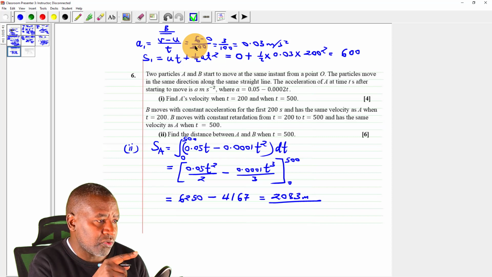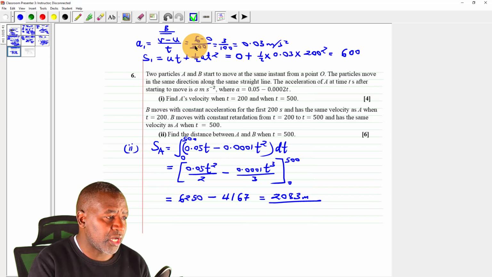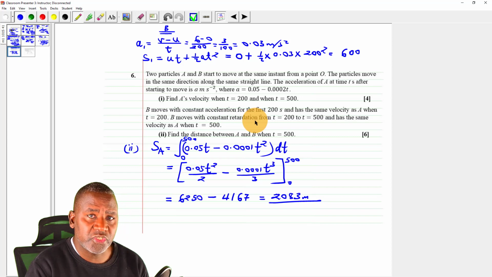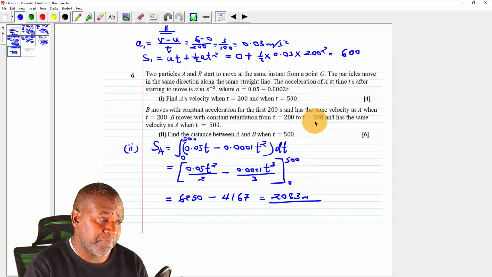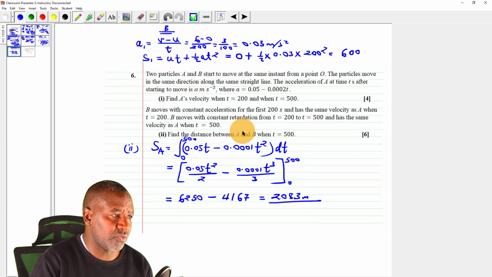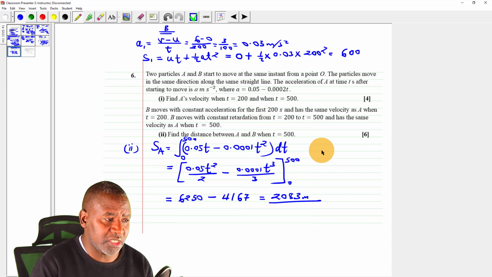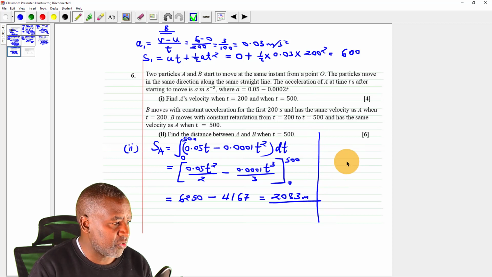That is for the first part when it is moving with uniform acceleration. Then I'm told that B moves with constant retardation from 200 to 500 seconds. That is, for a period of 300 seconds, it is moving with constant retardation. We need to know what that retardation is.